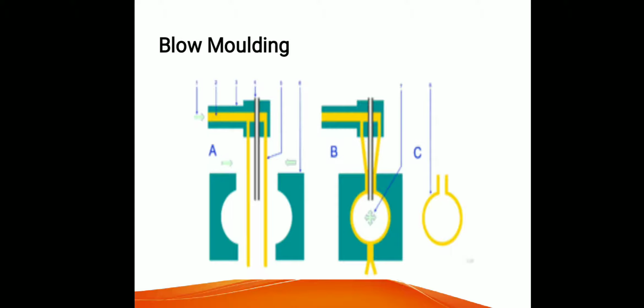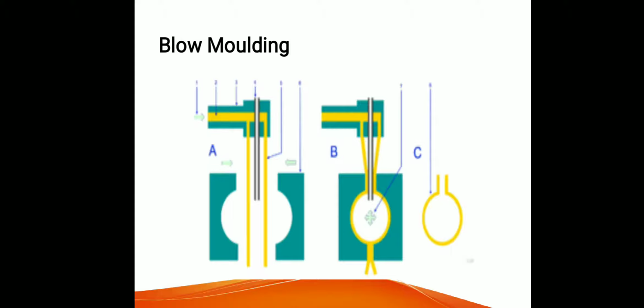So, in the first figure, we can see that the heated thermoplastic part is gripped in two pieces of the mold. Then the mold is closed to form the cavity of the required shape, and then air is injected to force the plastic against the walls.